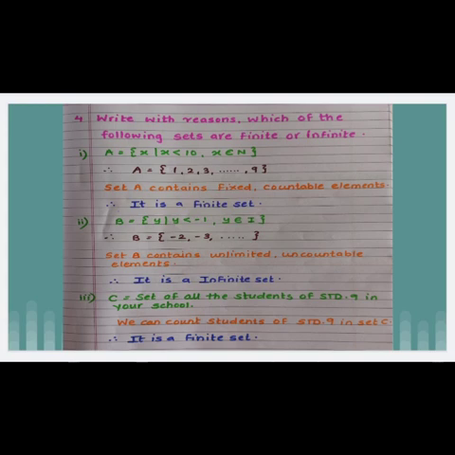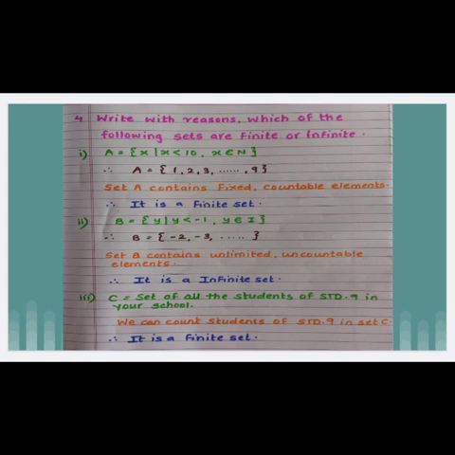So first we will convert rule method into listing form. Hence A is equal to {1, 2, 3, ... 9}, less than 10 we got elements 1 to 9. Set A contains fixed and countable elements. Therefore it is a finite set.